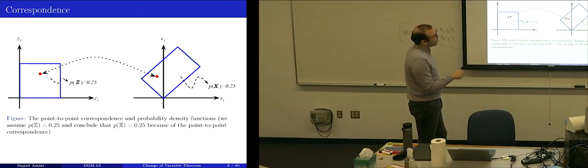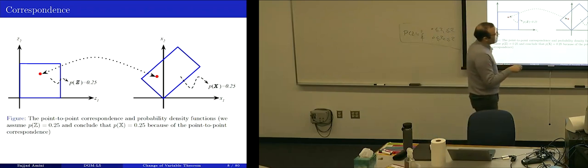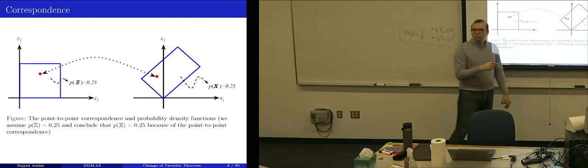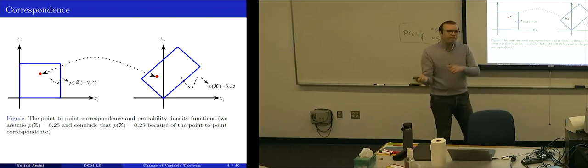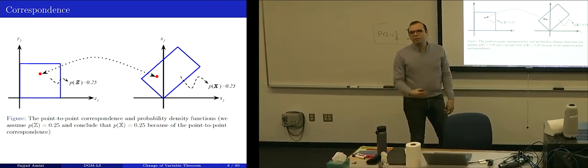So you have a point-to-point correspondence between these two spaces. So if p of z here is equal to 0.25, then p of x here is also equal to 0.25, because every point here has a corresponding point there, so each of them has the same probability.